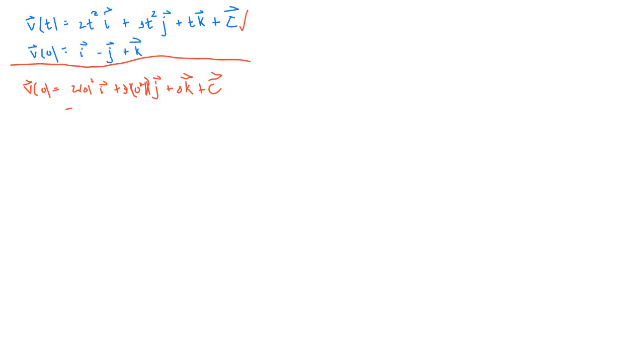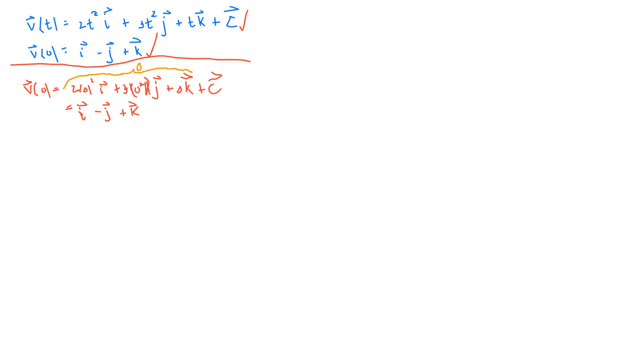Okay, that's going to equal i minus j plus k by virtue of that initial condition. Well, all of this here is just the 0 vector.